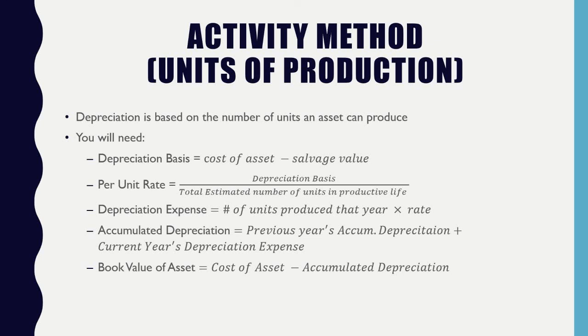This one is more common for items like machinery. If you are producing a product for your company, this is very important, because there's always going to be wear and tear. The way that we're going to depreciate it or measure how we use the item is going to be based on the number of units the machine can produce.